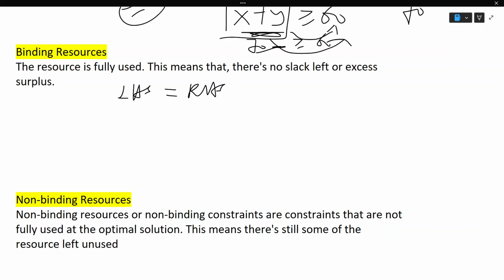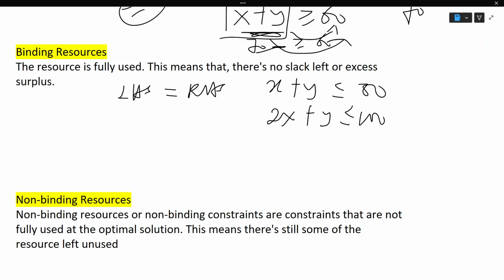Assuming you are given a linear programming problem with constraints of less than or equal to, I'll just pick two.